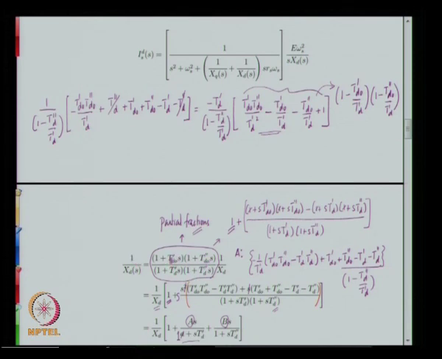We have defined the terms t dash do, t double dash do and so on in the earlier lectures, where double dash represents the subtransient terms, single dash represents the transient terms, and O represents open circuit. So this is the subtransient time constant in the open circuit condition, and this is the subtransient time constant in the short circuit condition.